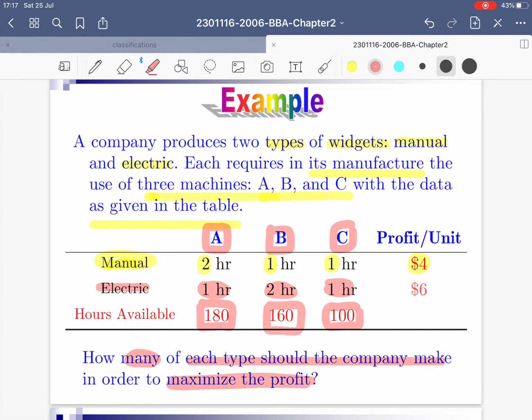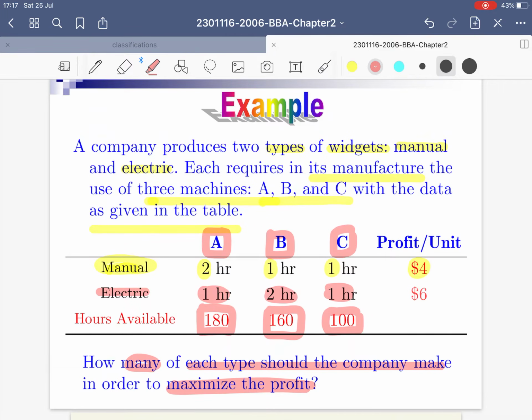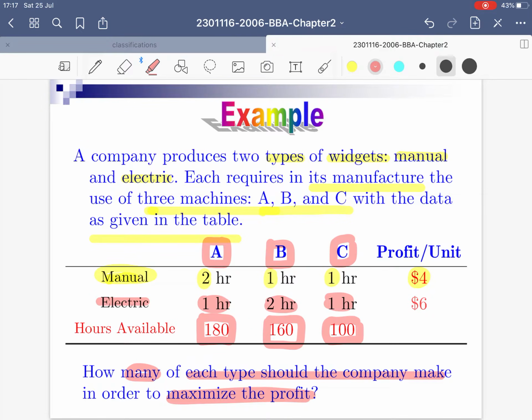We are talking about how many pieces of the manual or electric widgets we should produce so that it will maximize profit. So let's produce X units of the manual one and Y units of the electric one.